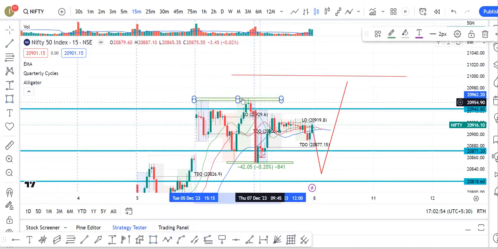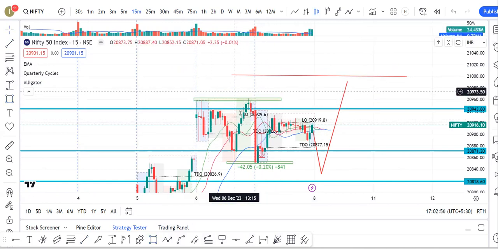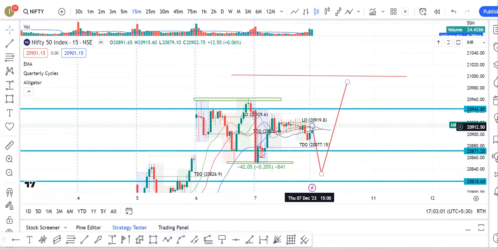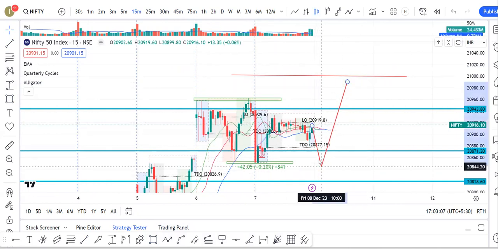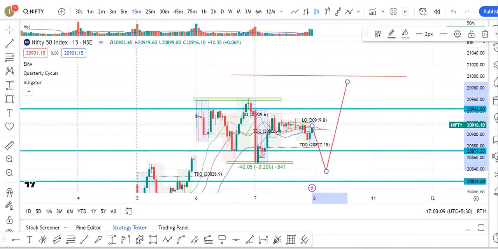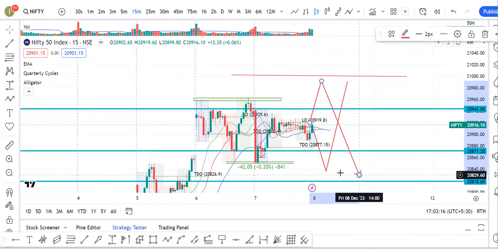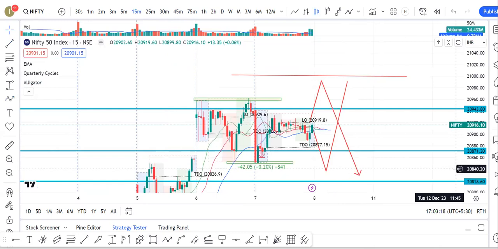So on both sides, at the top and at the bottom, there is liquidity. They can grab the liquidity down and it may go up, or they can do it the other way. They may grab the liquidity towards the upside and then it may plummet. It can reverse like this. So the path may be different.